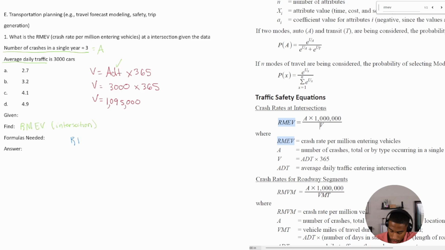So RMEV is equal to A times 1 million all over V, and we'll just substitute from there. 3 times 1 million all over V, which is 1,095,000.